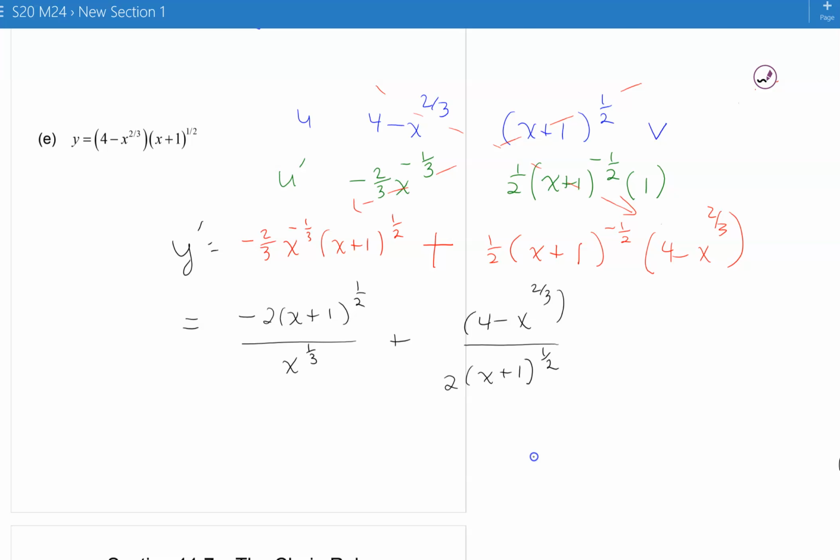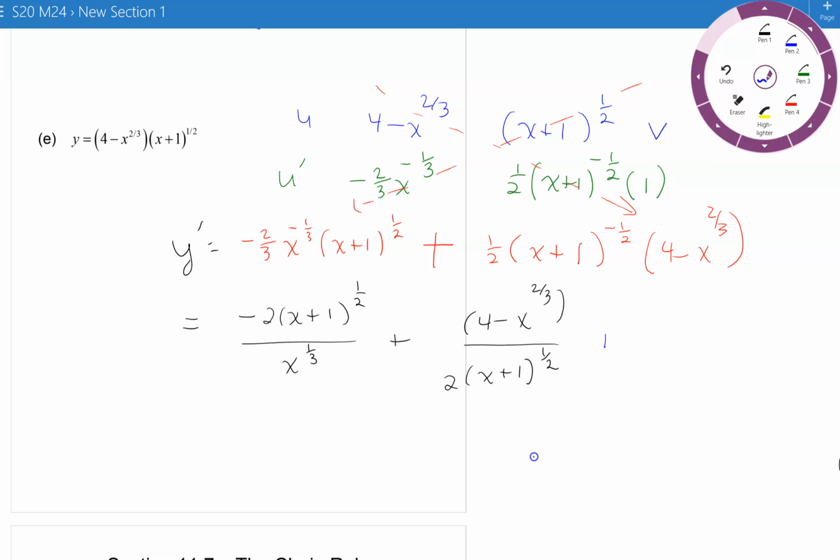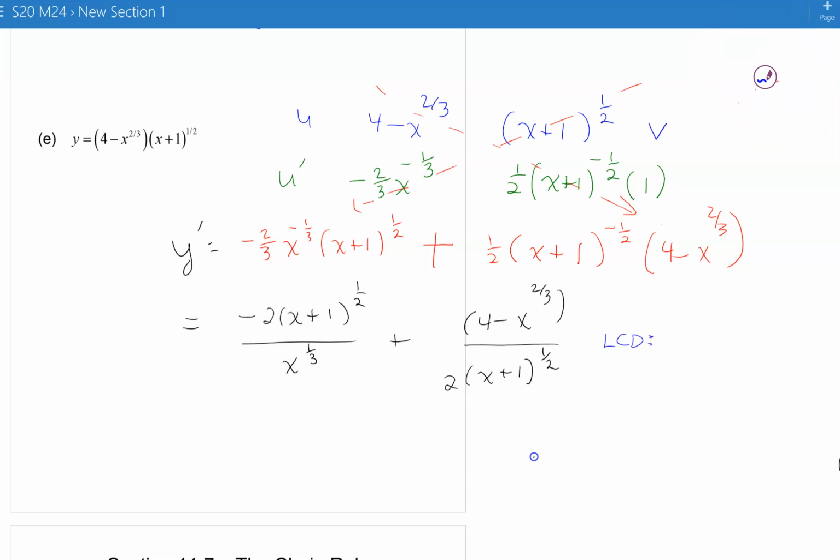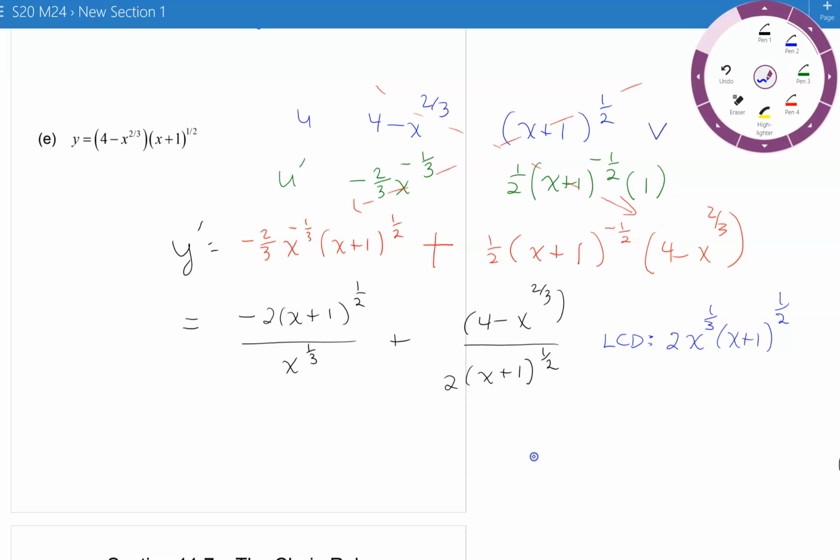So I need a common denominator. And my lowest common denominator here is going to be the two denominators multiplied together. So I'm going to have 2 and x to the 1/3 and x plus 1 to the 1/2.